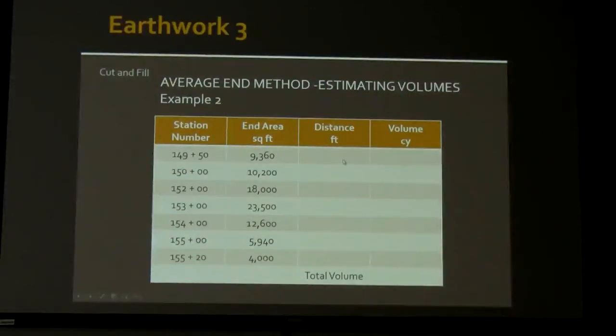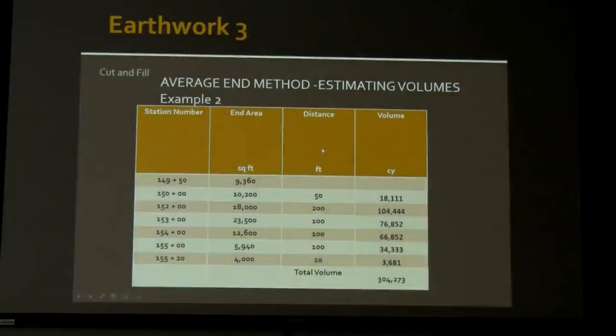So you have to be careful if you're taking an exam that you don't just jump in and assume your L. Another mistake people make with that formula is assuming L is the sum from 149 plus 50 to 155 plus 20. That'll give you a volume that is way too large. So we go back and fill this in with our 50, 200, 100, 100, 100, 20, and then we take the average of these areas times our L, divided by 27, and we get our volume in cubic yards.